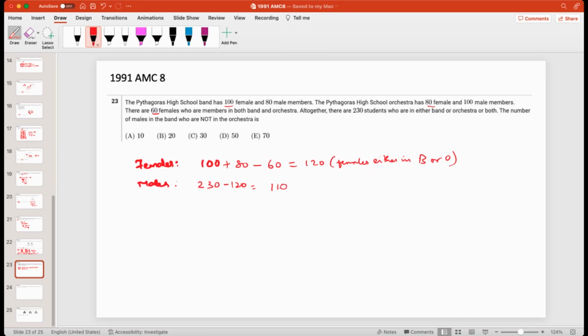Now these are going to be males in B or O, correct? So I'm going to assume X males in both.